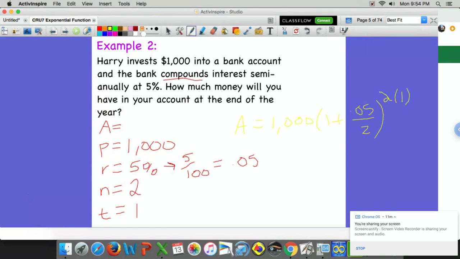And so that's how you would fill it in. Remember, you should already have your formula written down. So once you have them filled out like you do over here on the left, then you can just plug them straight into your formula on the right. And so hopefully you guys got that.